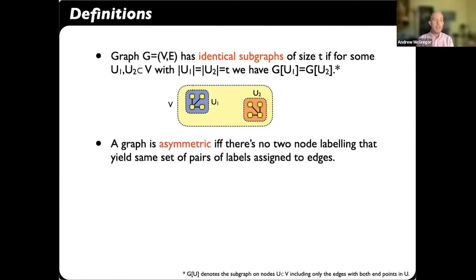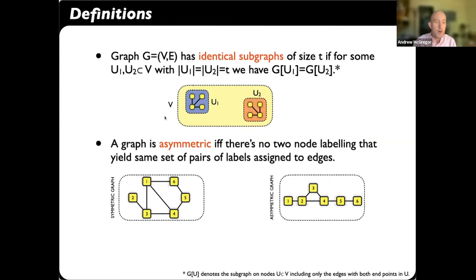Okay, next definition. A graph is asymmetric if there's no node labeling that yields the same set of pairs of labels assigned to edges, which is basically that the only isomorphism is the automorphism. A symmetric graph, an example would be this graph here. I'm going to label it for the sake of being clear in my definition.